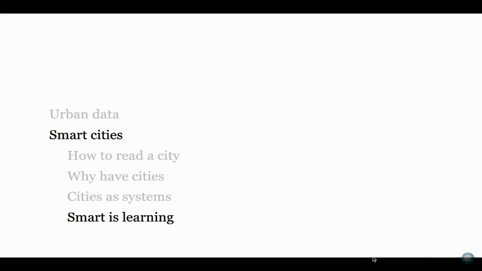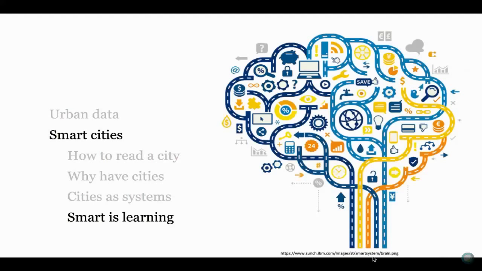The challenge here, though, for a smart city: smart means learning. If cities are indeed to be smart, they have to be cities that learn. So, where do we head with this?